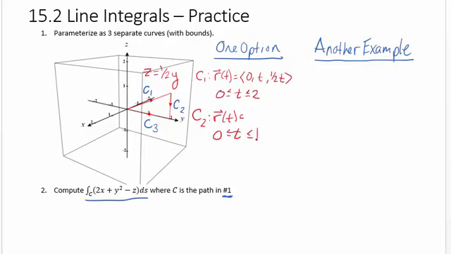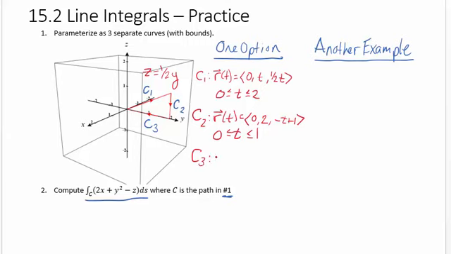So if I go from 0 to 1 here, then again my x coordinate will be 0, my y coordinate is 2 for all the values along this path, and then the z coordinate here is starting at 1 and going to 0. I can parameterize that as negative t plus 1. So when t is 0, that is just 1. When t is 1, that is 0. So this again is one way to parameterize this curve.